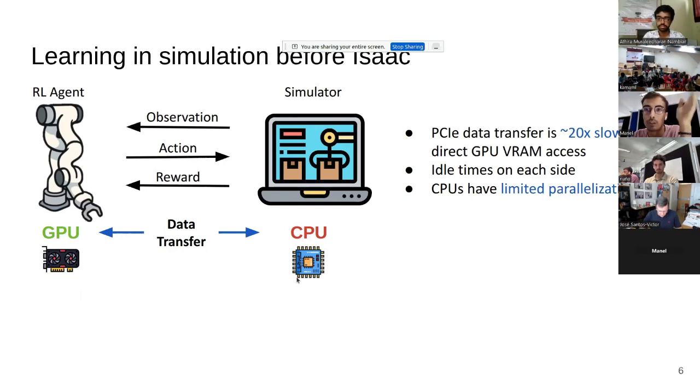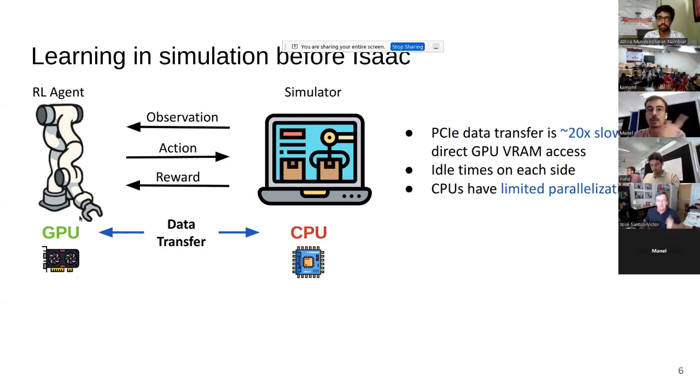And so the issue with that is that you have data transfer overhead. Every time you need to send the action from the GPU memory to the CPU memory, so you have different RAM memories for each. And then the simulation advances one step in time, and the new state of the simulation is sent back to the learning algorithm, which is living inside the GPU.